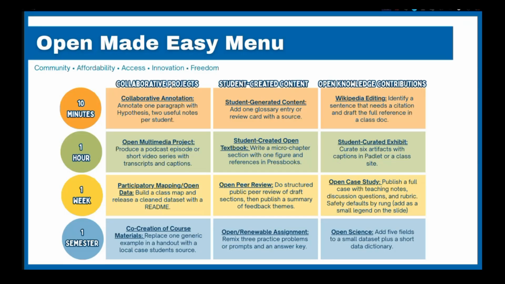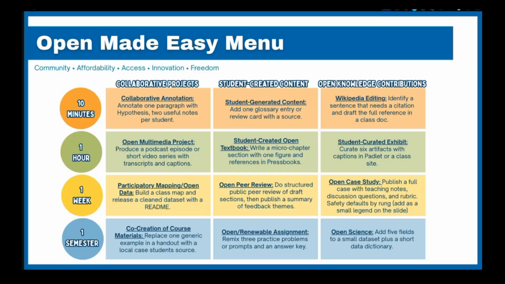Students are great at making TikTok style little micro learning videos, translations, or plain language chapter summaries, better images with alt text, an image bank with alt text, social annotation and Hypothesis that feeds edits. There's a ton of different things that you can do to make your assignments renewable.